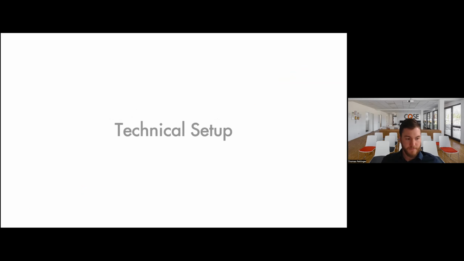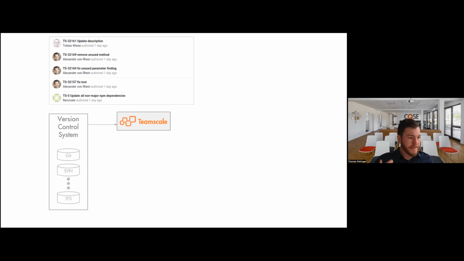All right. A few words on the technical setup. I already told you at the start that the tool which is executing test gap analysis for us is called TeamScale. TeamScale, especially compared to other tools, doesn't run in the build, but is its own server application, which directly connects to the version control system, so for example, your Git server.